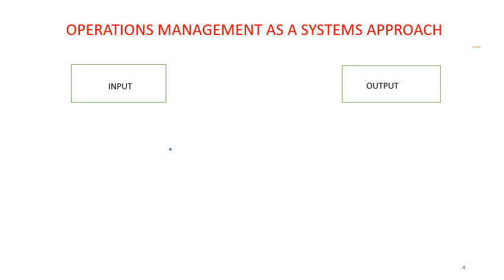There has to be some change in attributes through a transformation process. So the inputs undergo a transformation process and are converted into outputs.